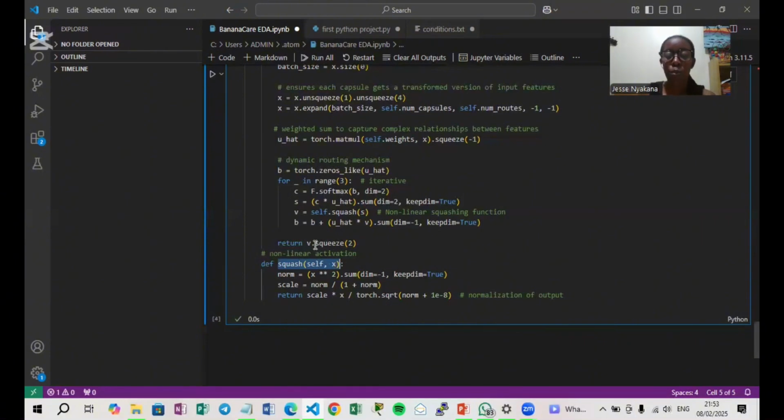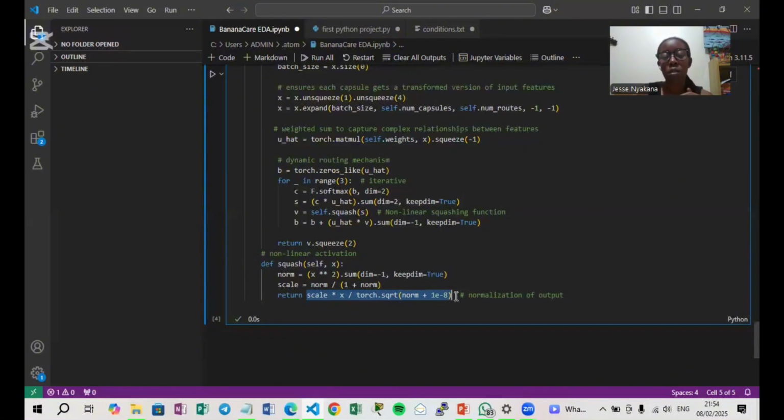Then it also produces normalized output here. This is where we normalize our outputs, such that capsule vectors represent probabilities. The significance of this is that it amplifies important disease features while it suppresses noise.